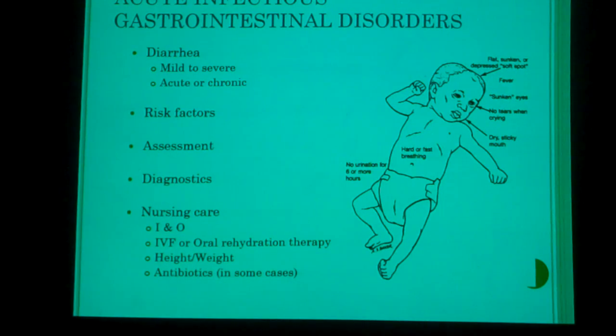Education: you want to tell the client to avoid juice and soda because of the high carb content, and caffeine because it's a diuretic and is going to dehydrate them more. Take preventative measures, and check skin assessment for breakdown.